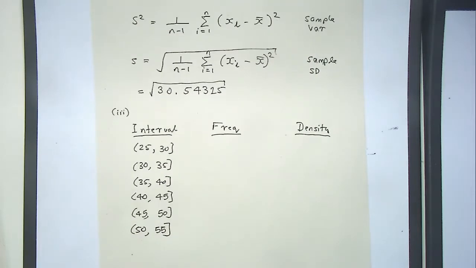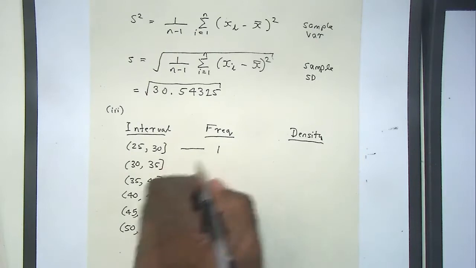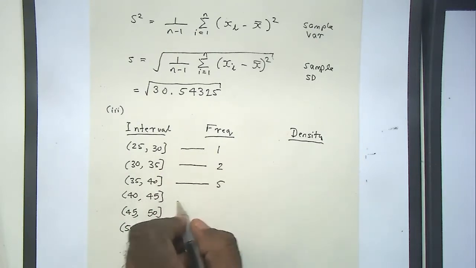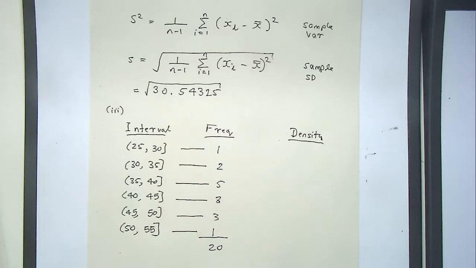The frequency is the number of data points falling in each interval. So if you count that, for this interval there is 1 data point, for this 2, for this 5, for this 8, for this 3, and for this 1.